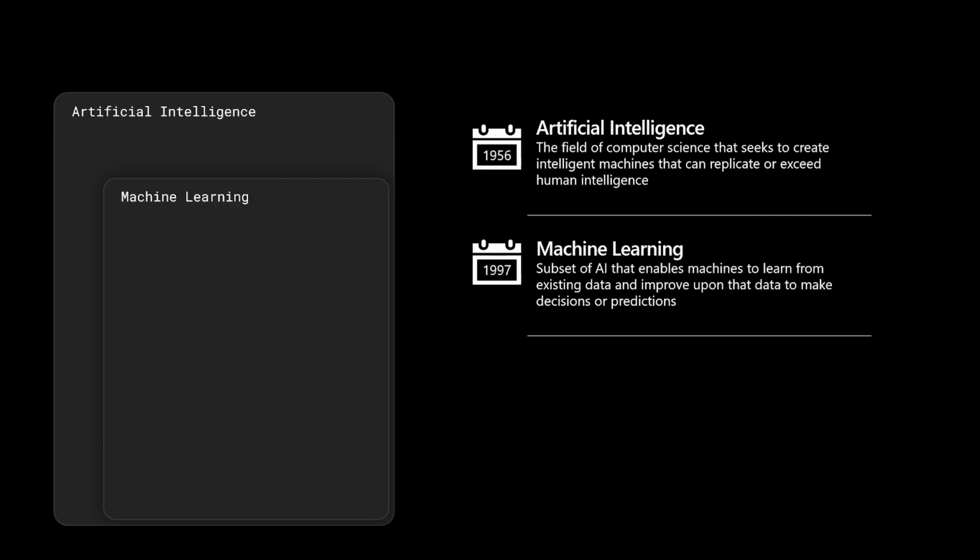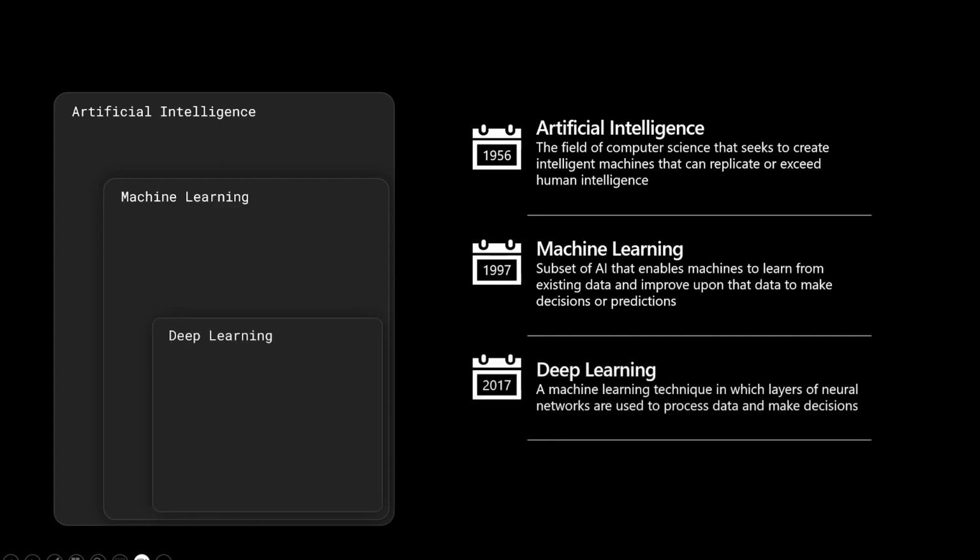In the 2000s, AI research continued to evolve and new subfields began to emerge. One of the subfields was machine learning, which focuses on creating algorithms that allow computers to learn from data without being explicitly programmed to do so.